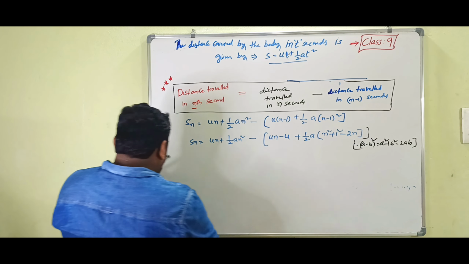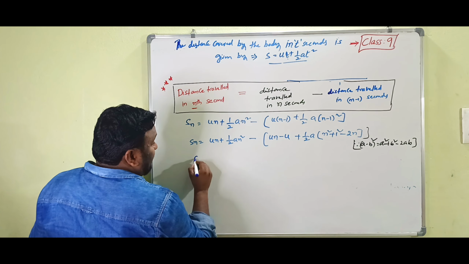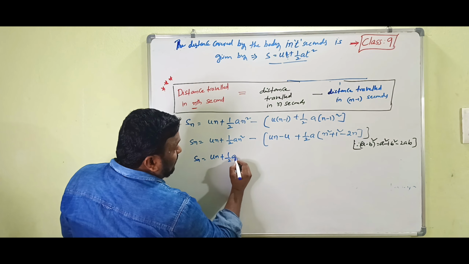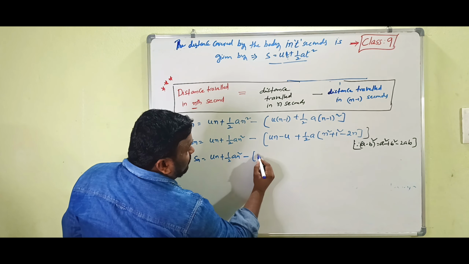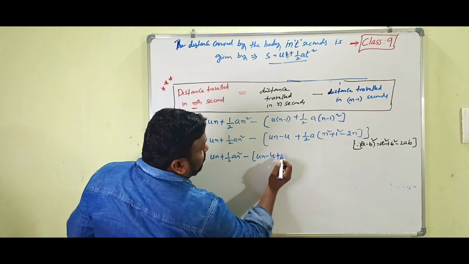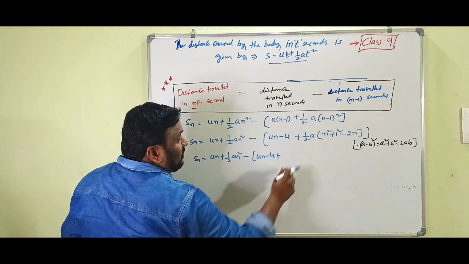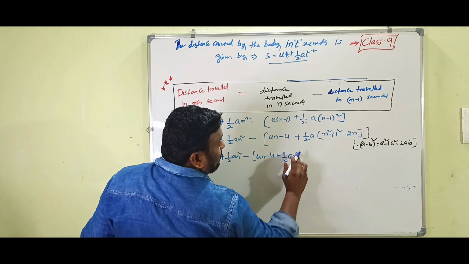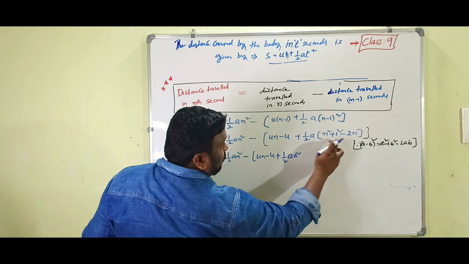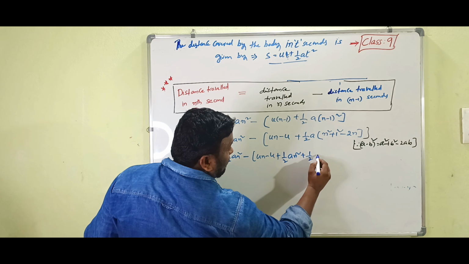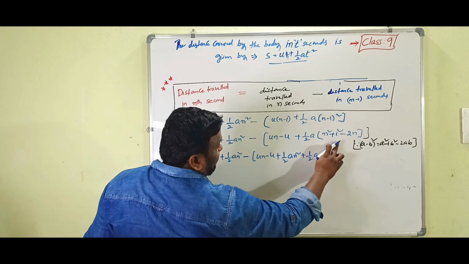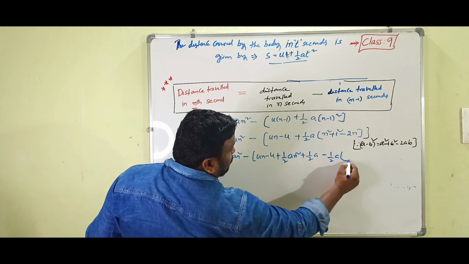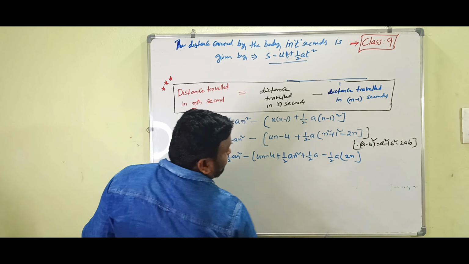Clear. After that we write Sn is equal to un plus half an square minus un minus u, multiplying all these: half a into n square, half a n square; again half a into 1 square, which is 1 only, half a; again minus half a into 2n.